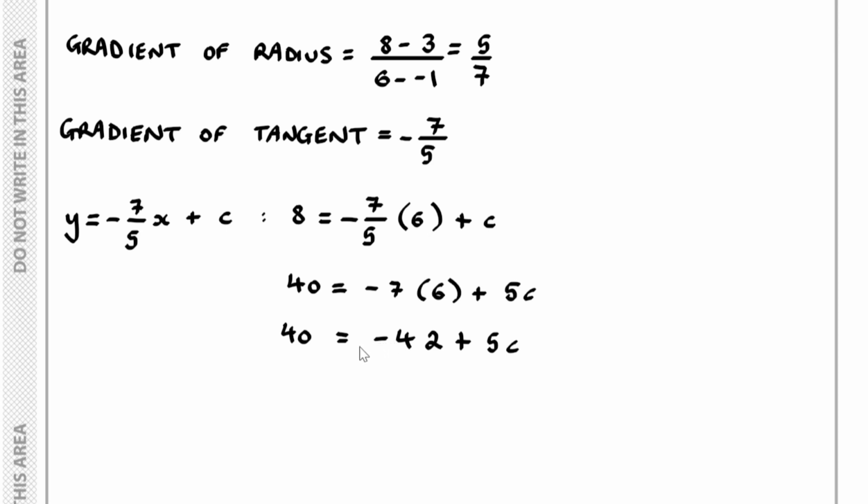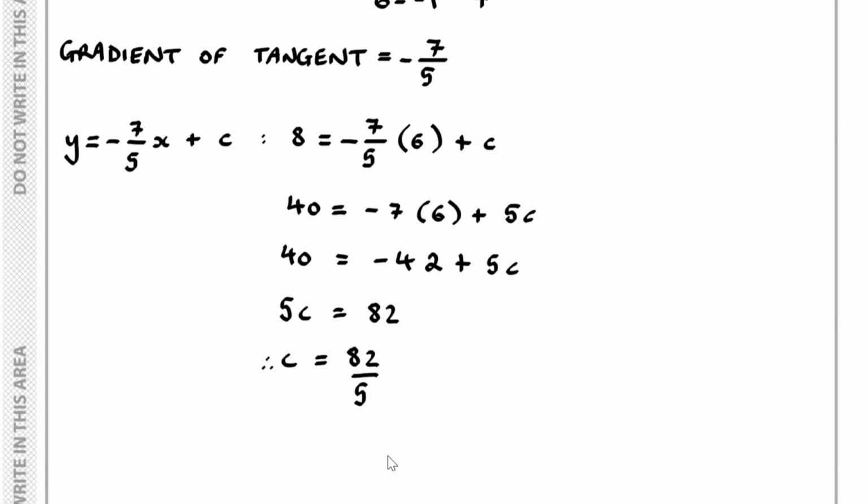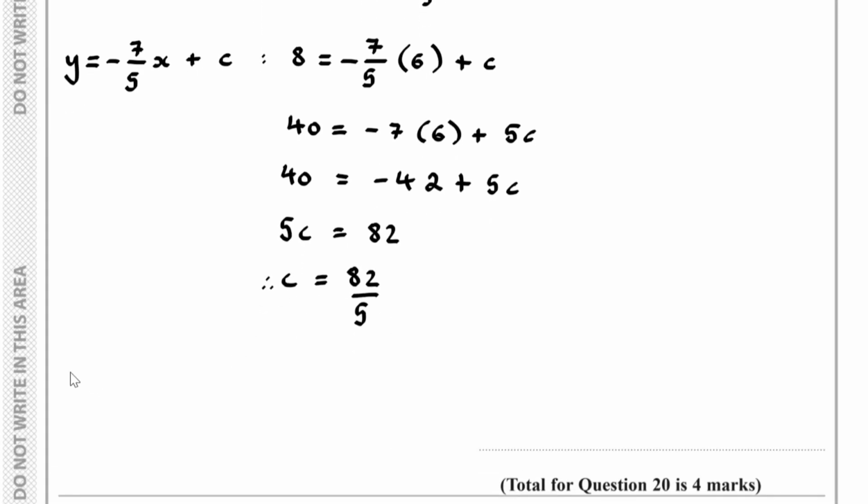And so 5c equals 82, which means c equals 82/5. And knowing what c is, we can therefore conclude we have y equals minus 7/5x plus 82/5.